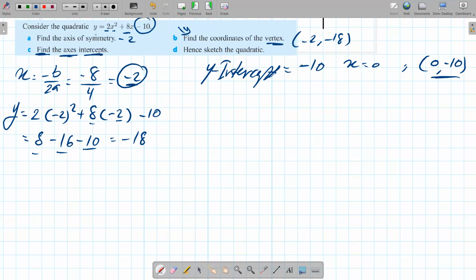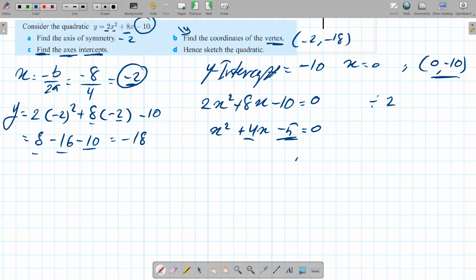We need to put y equals 0 in the equation. It becomes 2x squared plus 8x minus 10 equals 0. We're going to divide the whole equation by 2. It becomes x squared plus 4x minus 5 equals 0. Then we're going to think about 2 numbers. If you multiply these 2 numbers, the result should be negative 5. If you add them, the result should be 4.